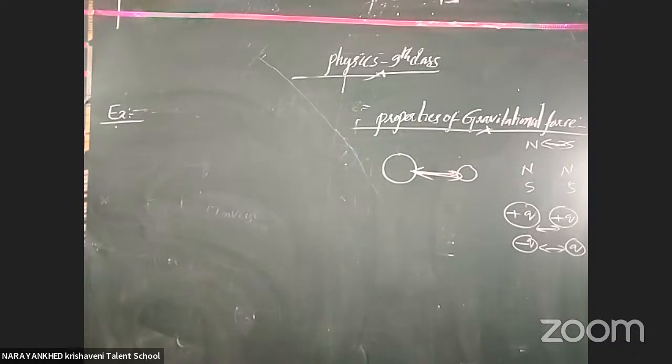Find the gravitational force of attraction between two spherical bodies, each of mass 1 kg, placed 10 meters apart.